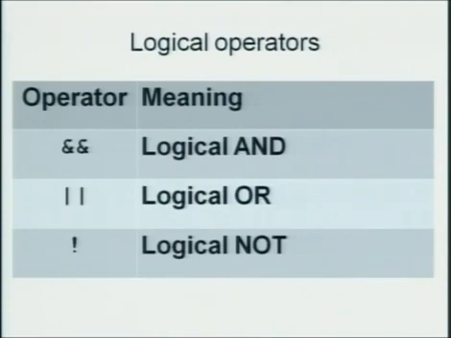OR operator again requires two different relational expressions given as input. If the first or second expression is true, then it returns true. The third one is logical NOT. Logical NOT is used to invert the relation. If that operation is required to be inverted, then we require logical NOT there.